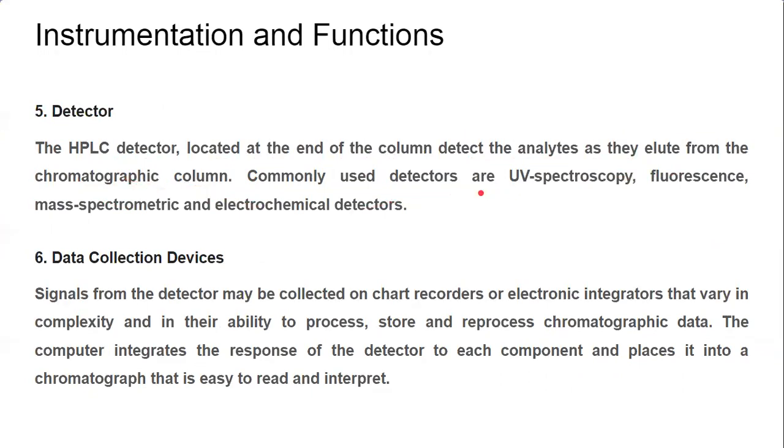Commonly used detectors are UV spectroscopy, fluorescence, mass spectrometer, or electrochemical detectors. If you want qualitative analysis, then you go with mass spectroscopy. If you want to do quantitative analysis, then we can use UV spectrometer or fluorescence. Depending on our requirement, we can couple our detector with these instruments.